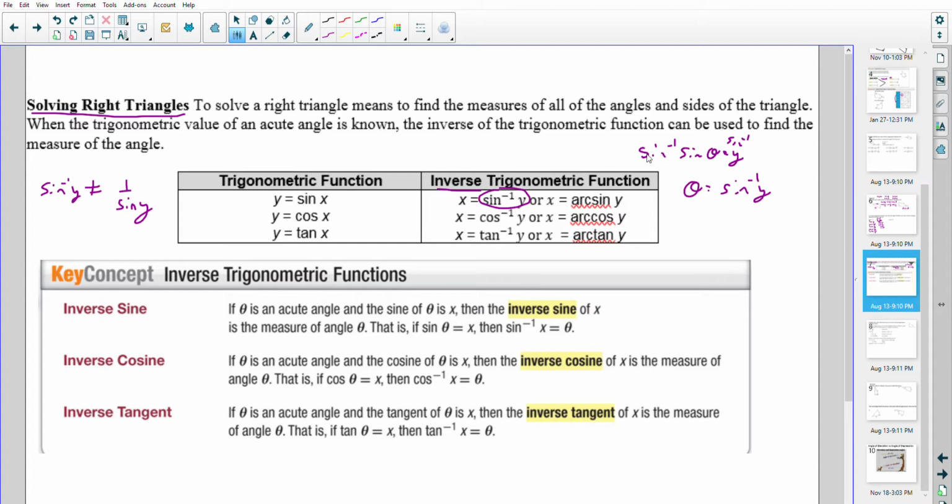Now, that's one way to think about getting inverse. You're taking the function of both sides. Second way that you could get this is just by memorizing when you have the sine of theta is equal to y, you switch the x and the y, kind of like the domain and range, and you add the inverse notation.